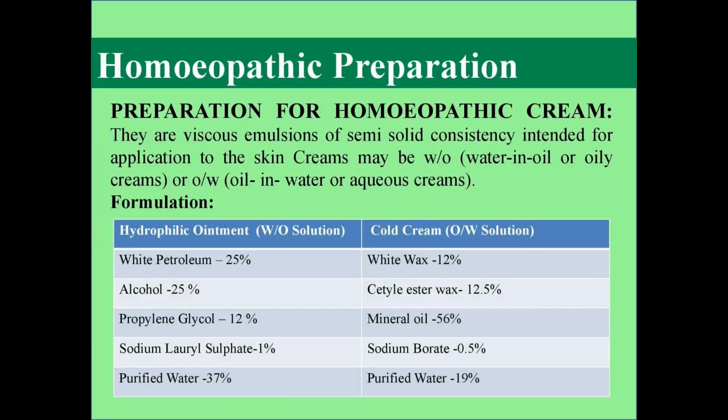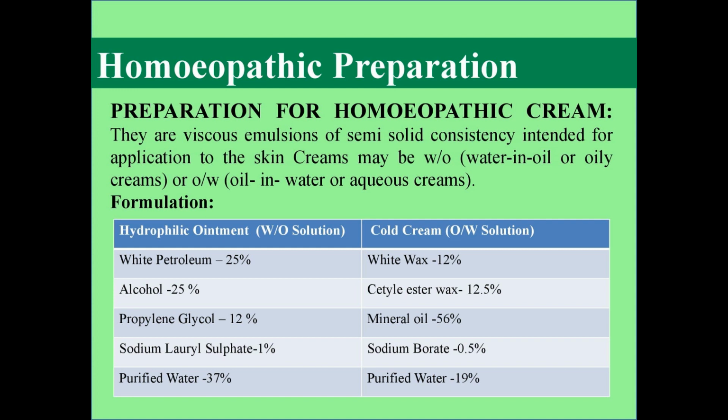In this slide, we will learn about cream. As said, ointment and cream are very similar, and the only difference between them is the base. We use different kinds of base in cream and in ointment. To prepare ointment, the oleaginous base and the absorption base are very easily available in the market, so there is no need to prepare them yourself.